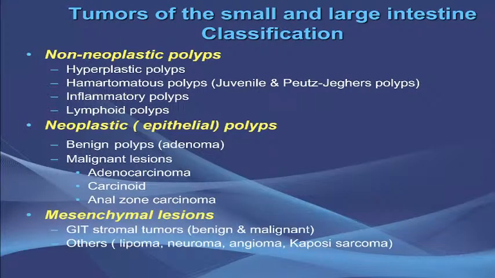Then mesenchymal lesions, the most important one for our purposes is the GI stromal tumors or GIST, and then others, really a mixed bag like lipomas, neuromas, angiomas, Kaposi's sarcoma, as can occur anywhere else in the body. And then the malignant lymphoid tumors or lymphomas can also present in the gut.